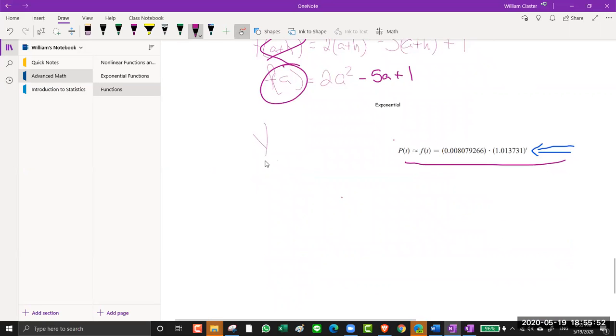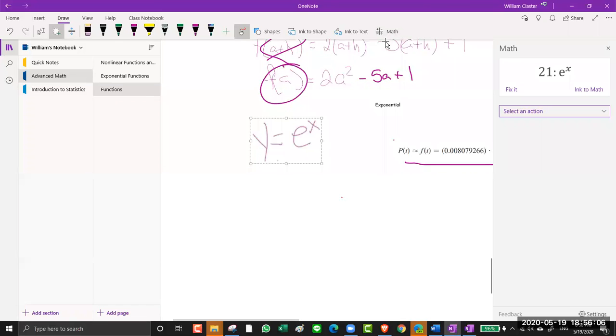Okay, y equals e to the x. That is also called exponential. What does the graph of this look like? Well, fortunately, I have this. It didn't work that time. Didn't like my writing. Let me try it again.